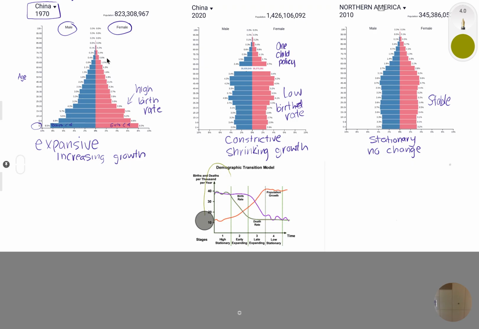So the first one, they call it high stationary, where the birth rate is high and the death rate is also high. And it works through until the end, when your birth rate, the purple line, gets low and your death rate is also low.